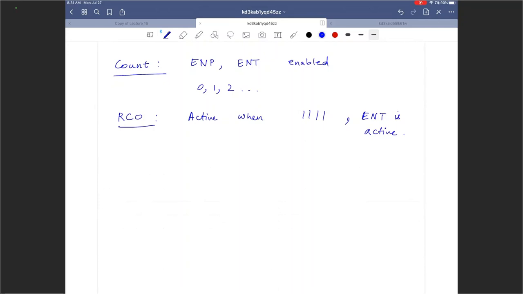Let me take a look at the comment here. Michael, you are absolutely right. So both enables have to be 1 in order for it to count, and during that counting, when it reaches 1111, RCO will output a 1. And if during that time, when it reaches 1111, ENT is inactive, RCO will not output a 1.